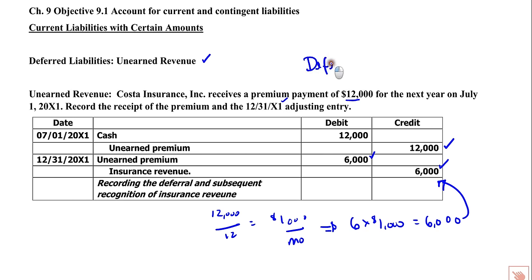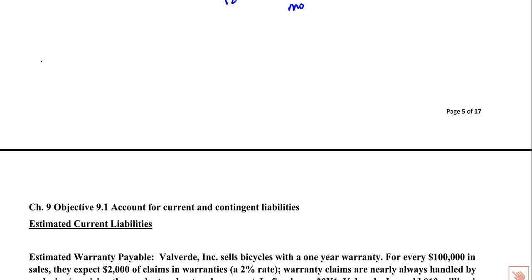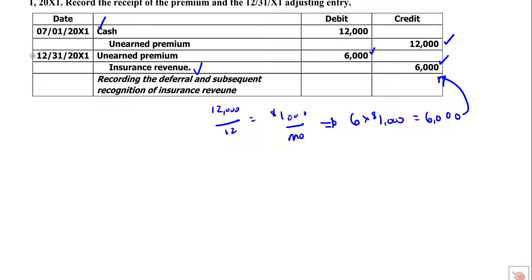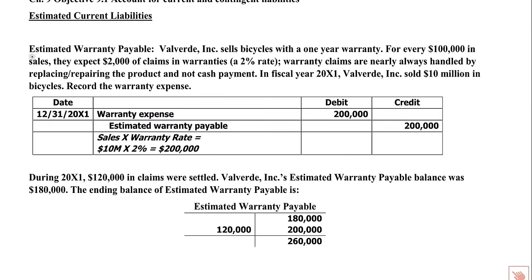This accrual accounting is a deferral because there's cash now and revenue later. All right, so that is all for the current liabilities with certain amounts. We're going to move on to estimated current liabilities in the next video lecture.